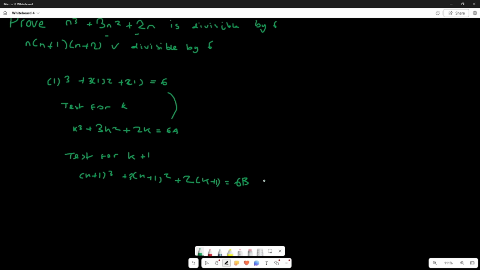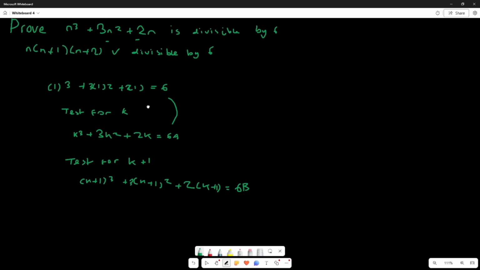And why we do this is just to say that each k we can test for a different variable. So if we test for a different variable, then it must be true for all different variables that are different to n.